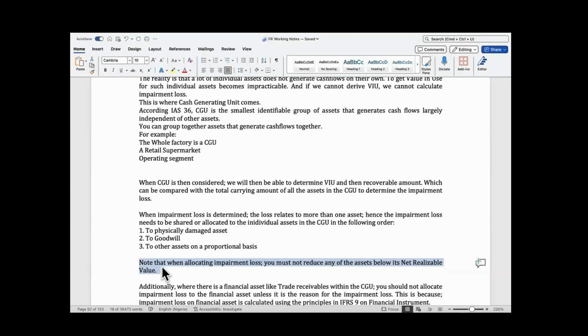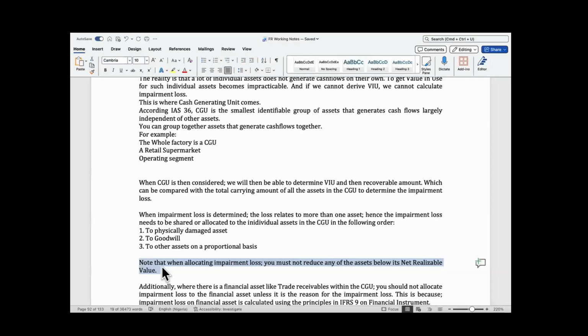The solution is based on this sentence. You must never reduce any of those assets below its net realizable value. Otherwise, you would be understating the assets in that case.